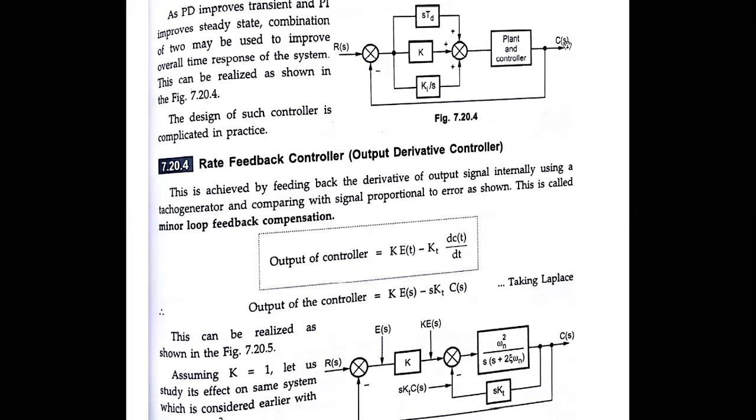In the time domain, c(s) becomes c(t) and c(t) becomes c(s) by applying the Laplace transform and inverse Laplace transform. So if you subtract the derivative of this output, multiplied by the constant Kt, from your error signal e(t), where K is multiplied at this particular point, then you will find the output of the controller.